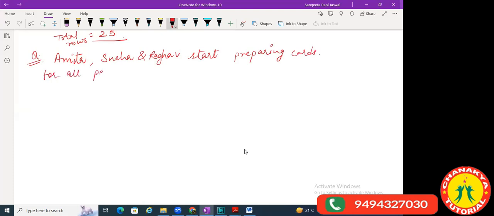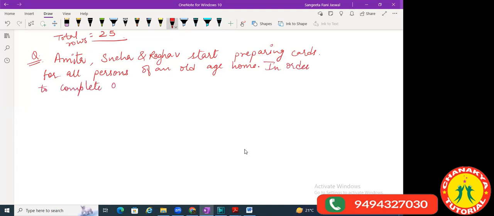For all persons of an old age home, Amita, Sneha, and Raghav start preparing cards for all persons of an old age home.